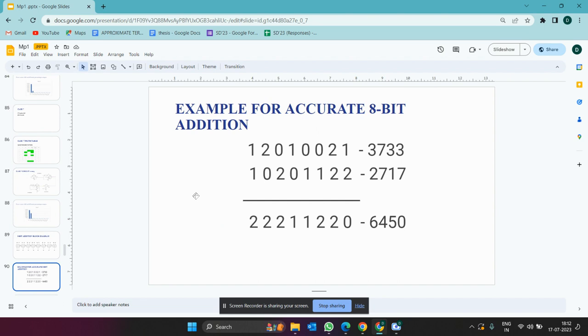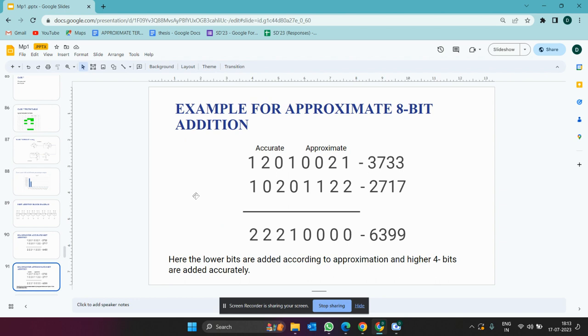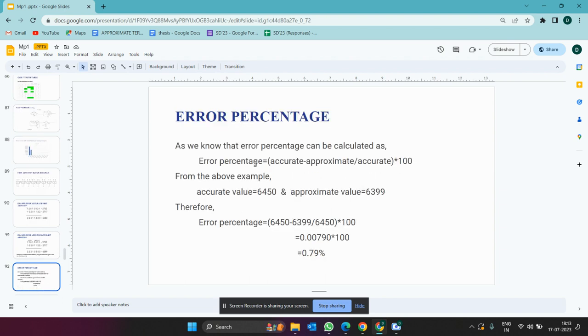This is the accurate 8-bit addition. Here for approximation, the first 4 bits are taken approximate, but the other 4 bits are taken as accurate. Here this is the calculation of error percentage. The error percentage is calculated as accurate minus approximate by accurate, into 100, which gives the percentage of the error.